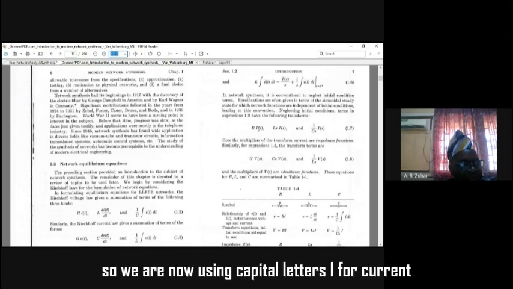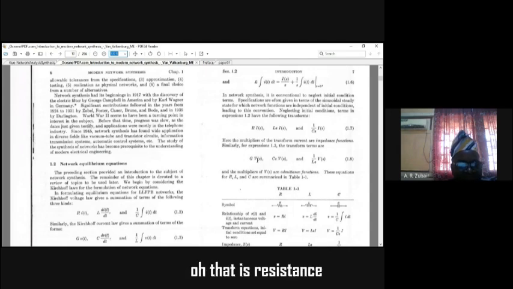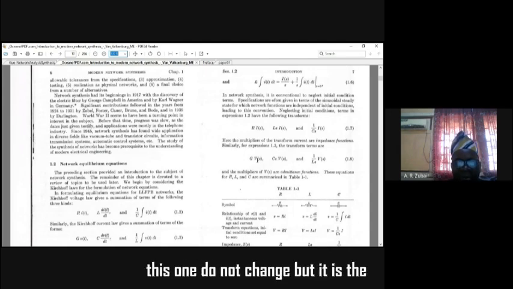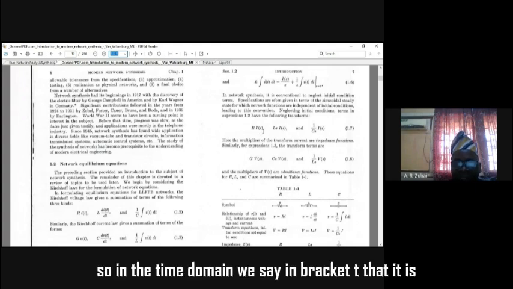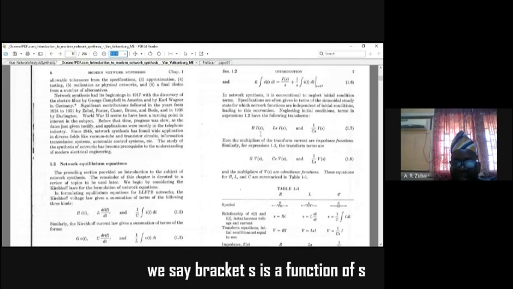We are now using capital letters, I for current, V for voltage. The elements remain the same, that is resistance, inductance, and capacitance. These do not change, but the current and the voltage do. In the time domain, we say in bracket t that it is a function of t. In the frequency domain, we say bracket s, a function of s.